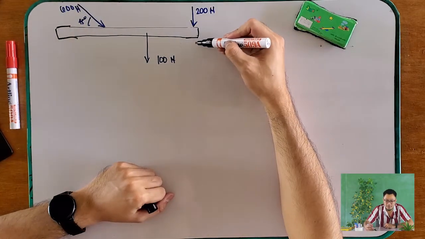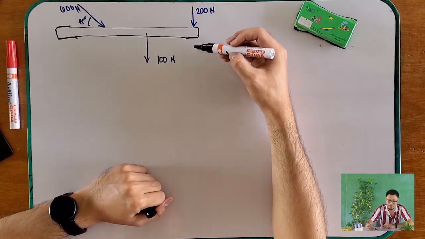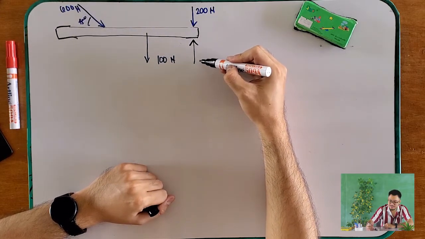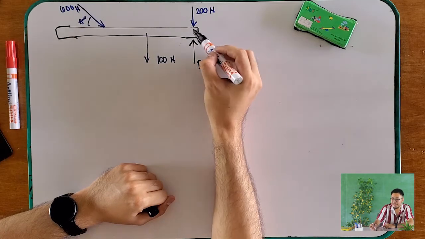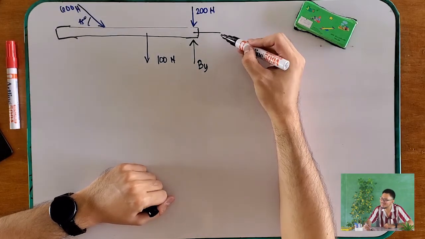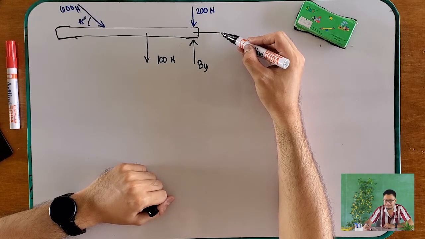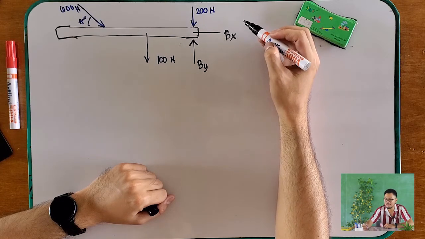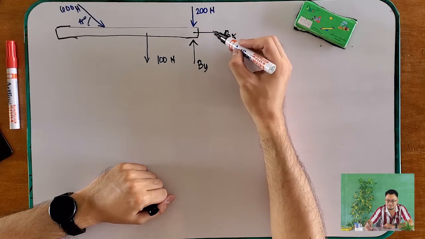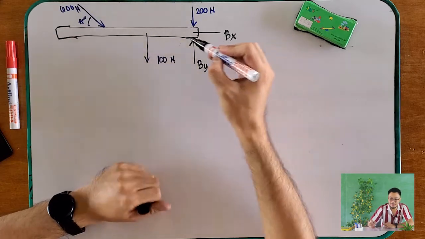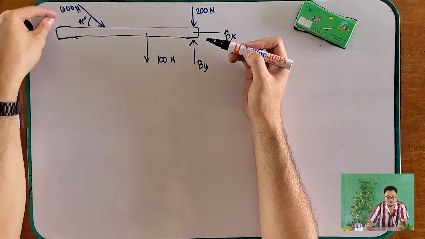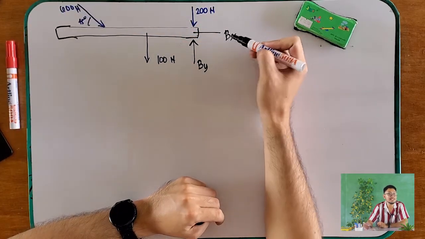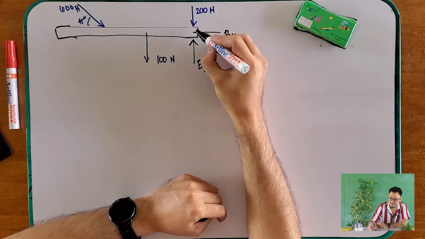And again, for your pin support, this is what supports us at the pin. Okay, so this is your pin, this is BY. And what direction should we assume for the X component, BX? So that our BX is positive, since your 600 newtons is going to the right, to support it, BX should be going to the left.